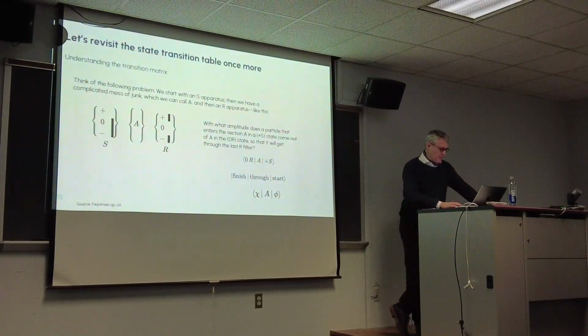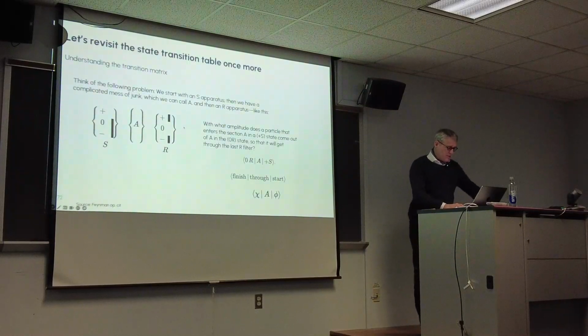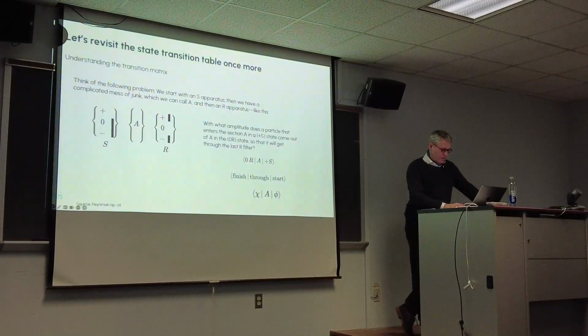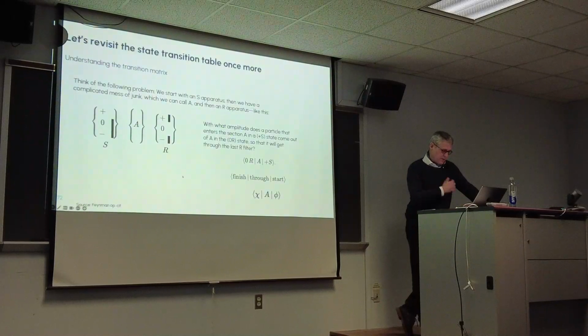So now we have an S apparatus that filters only positive spin up particles. We have another apparatus called R, which filters only spin zero particles. And in the middle, this is a direct quote from Feynman, we have a complicated mess of junk which we call A, and then this R apparatus.